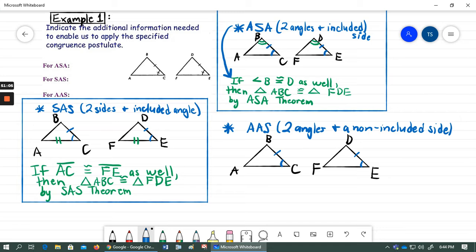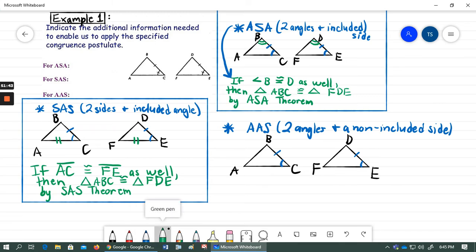So guys, what additional congruence would we need to know in order to say that these two were congruent by angle angle side? And so there are only two angles for us to choose from, right? Because now we know that we need two angles and a non-included side. Right now they only have one congruency marked for an angle, so we only have two angles that we could choose from here.